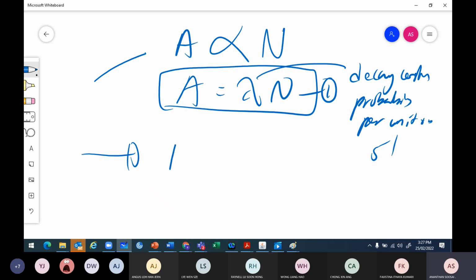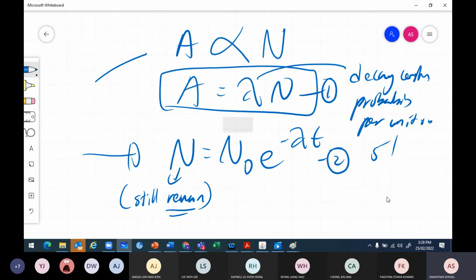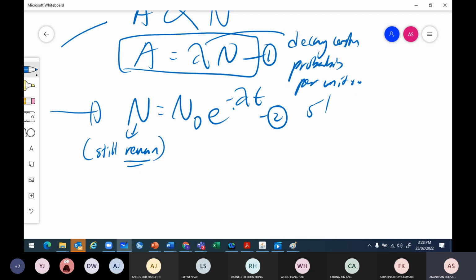The second formula: N equals N naught e to the negative lambda t. The N is the particles still remaining. I highlight this many times because it is a common mistake students make. When you use the second formula, make sure lambda and time use the same time unit. If time is in minutes, lambda must be per minute.